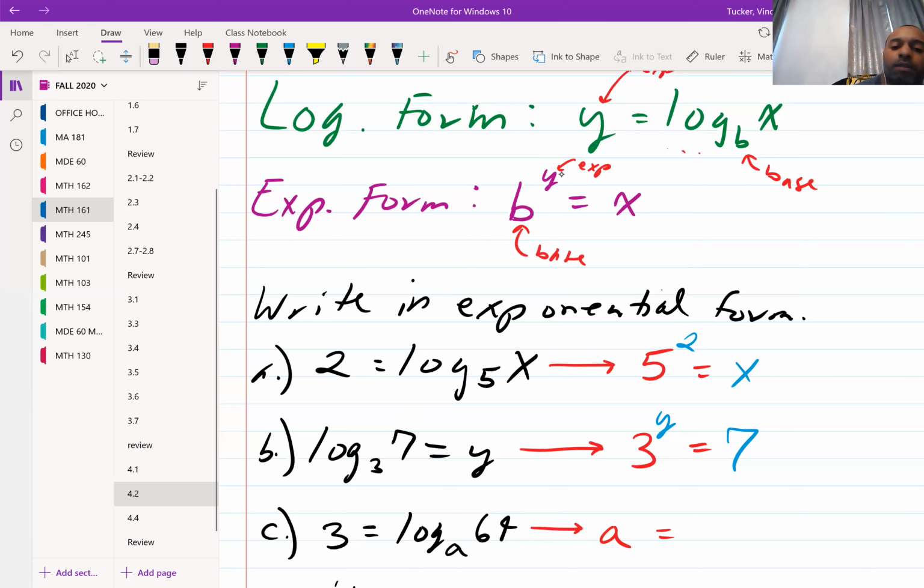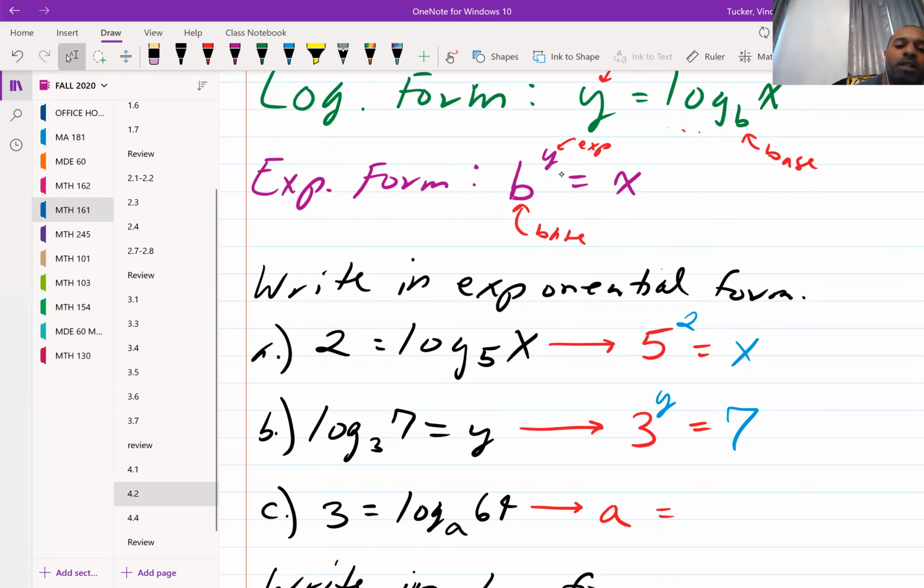All right, same thing for the last one. My base is a, and my exponent should be 3 with 64 on the other side of the equation. All right, questions before we go to the next one?